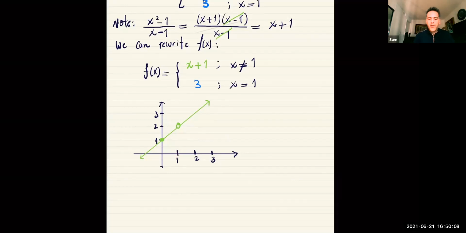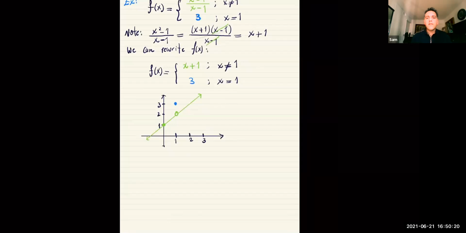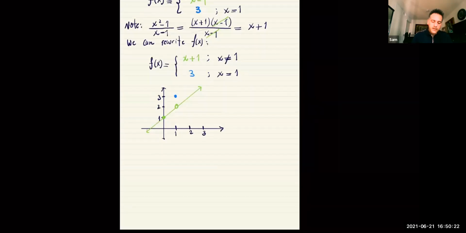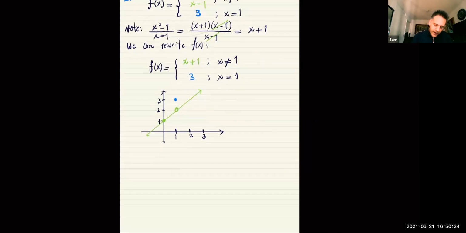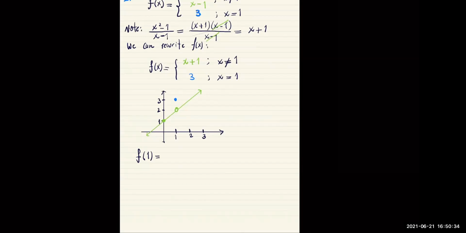So that's just the point (1, 3), which would be right here. So this is the graph of f of x. Let's look at the value of f at 1. What is f of 1, guys? f of 1 is 3.